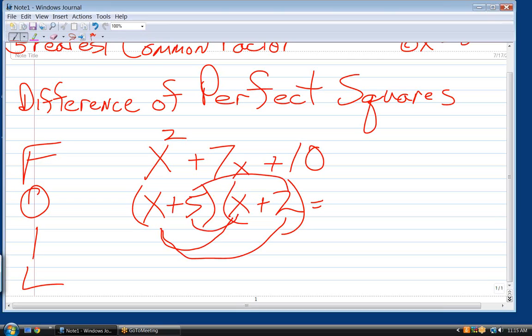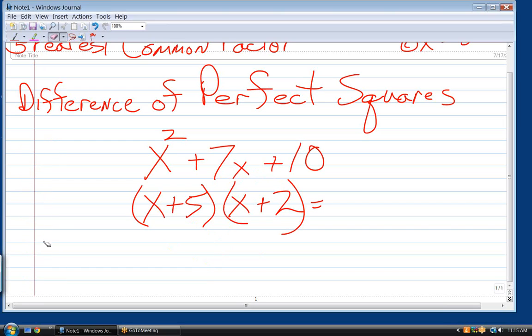I call it ET, which means every term by every term. But there's a little bit of an advantage in using the term FOIL. It works particularly good when you are dealing with two terms times two terms. Doesn't work real good when you have two terms times three terms, whereas my ET works perfect. But there's something to be learned by FOIL also.